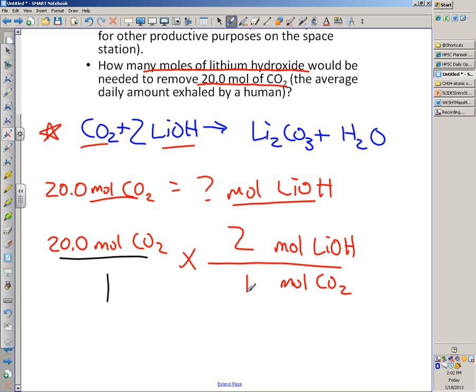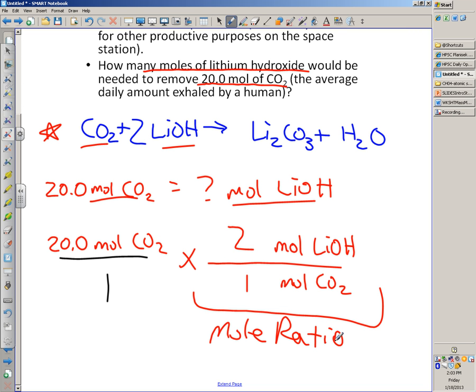This conversion factor that shows us the moles of one thing versus the moles of the other thing, or the ratio of the different parts of the equation, we call this the mole ratio. Pretty inventive name for it, huh?